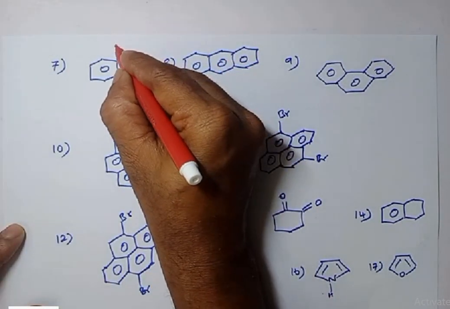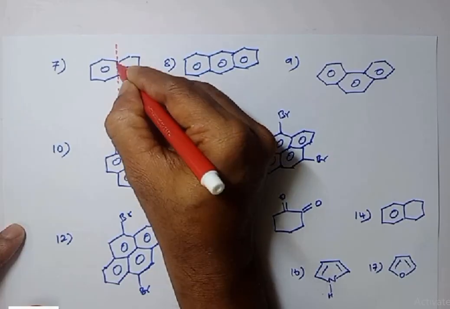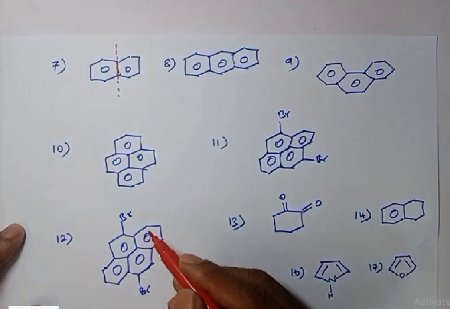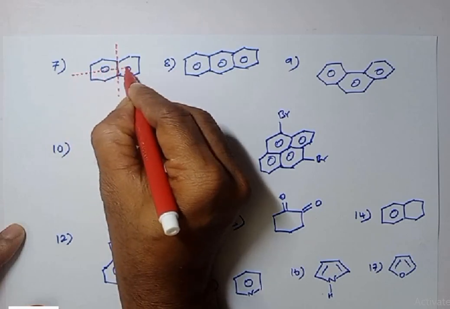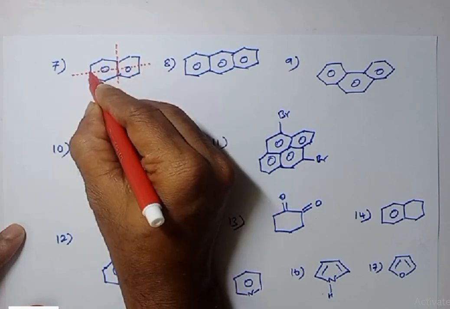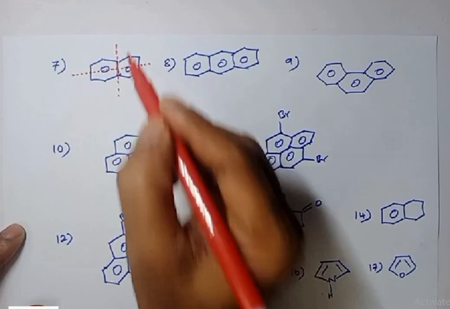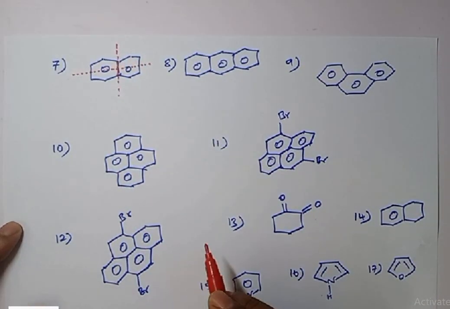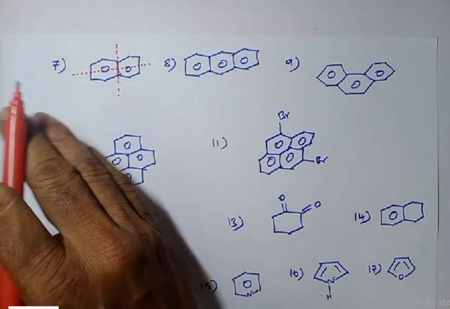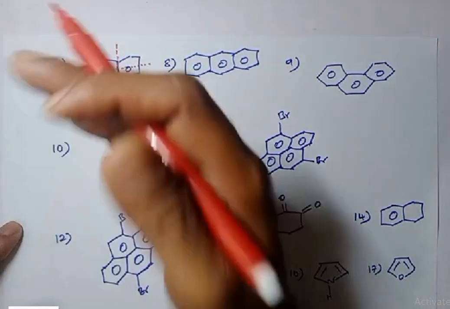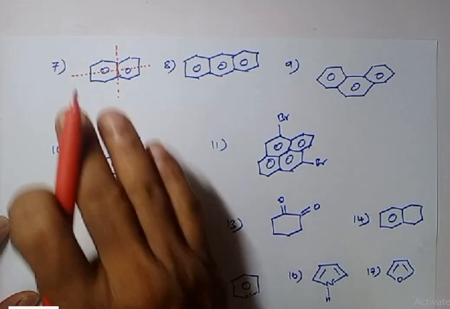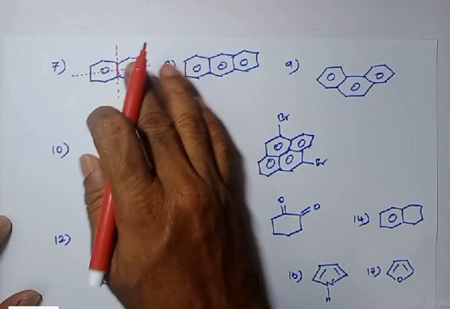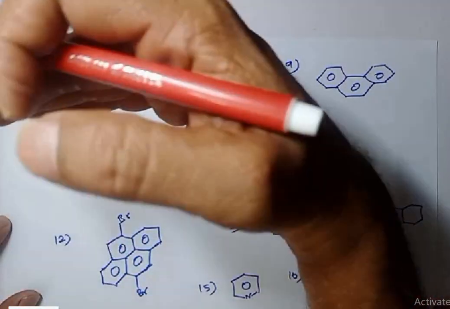So you keep a plane here passing through this carbon-carbon bond, and keep another plane passing through the centers of this and this. You have to keep as many planes as possible in the molecule. As many planes as possible. In naphthalene, these 2 are the planes which pass through the molecule.